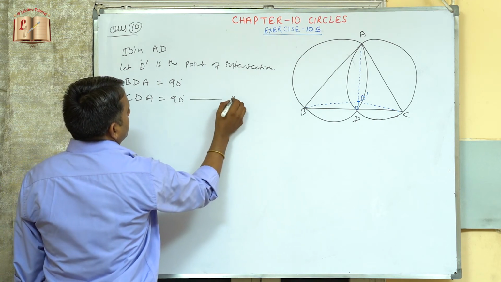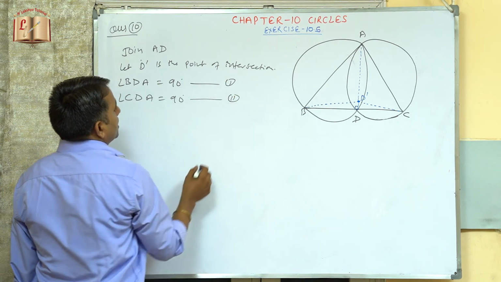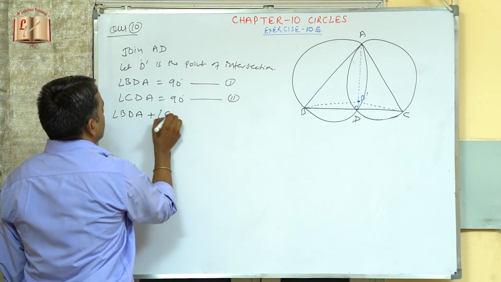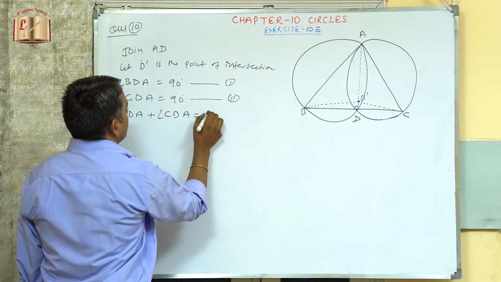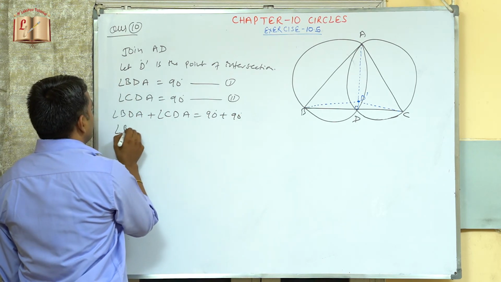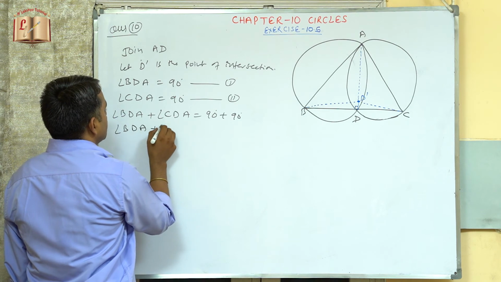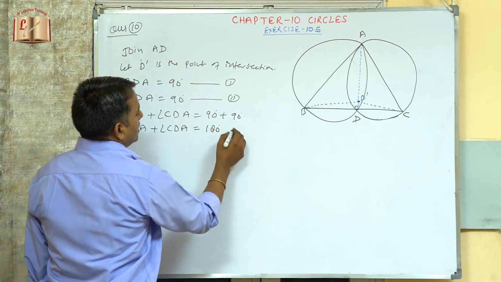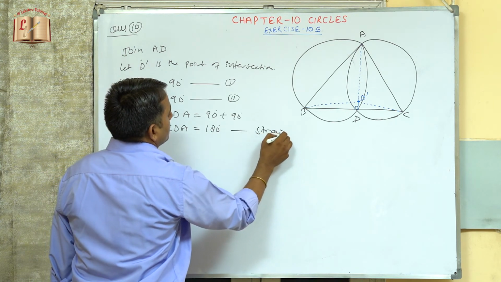So this is equation number 2 and this is equation number 1. Adding, angle BDA plus angle CDA will be equal to 90 plus 90, so angle BDA plus angle CDA will be equal to 180 degrees. So this is a straight line.